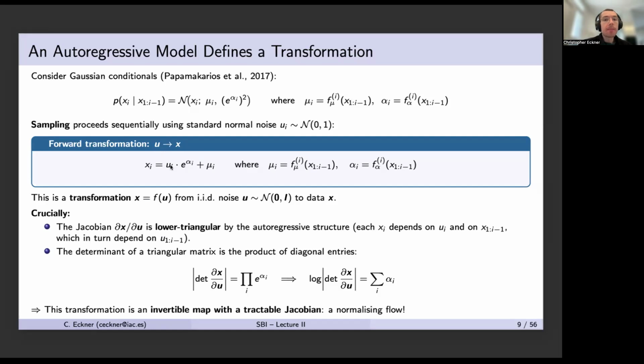And as this is just an affine transformation, which is a fancy way of saying it's a linear function, it produces a very simple derivative. So you get basically only the scaling e to the power of alpha i. But because you're only applying this to parameters that are in the past of the parameter you are currently trying to parameterize, you have this lower triangular shape.